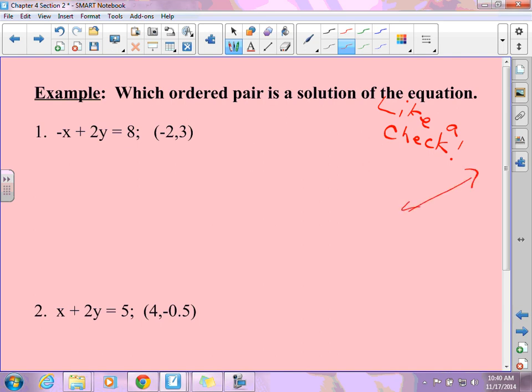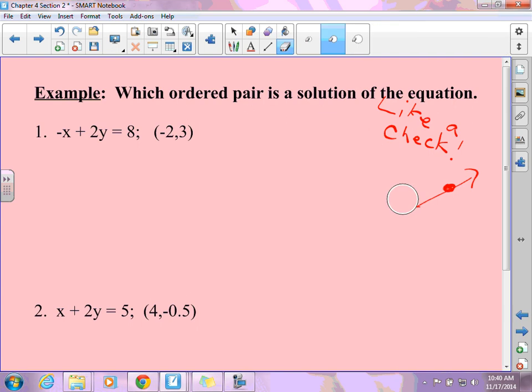And what I'm checking is to see if this ordered pair, negative 2, 3, is on or off the line. Sometimes the ordered pair is off the line. That would be a no solution. Sometimes the ordered pair is on the line, and that would be a solution.